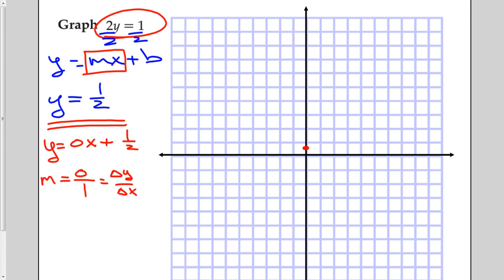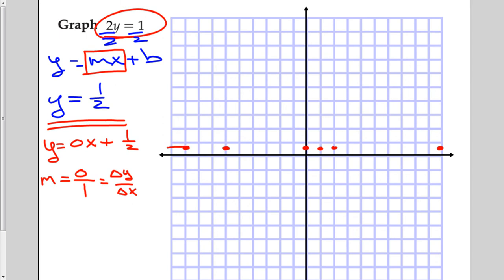It's saying that I always have no change in y. And so what I'm looking at is, well, over here, y is equal to 1/2, and over here, y is equal to 1/2. And all the way this way, y is equal to 1/2. And down here, y is equal to 1/2. And y is also equal to 1/2 out here because x doesn't matter. That's what we get when we look at this problem.